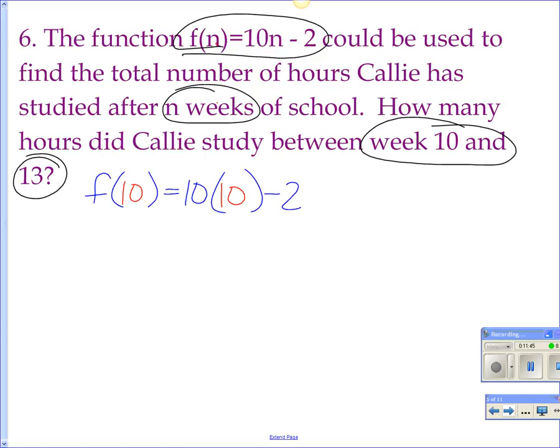All right. Andrea, what is that giving you? Good, 98. Okay, guys, so we figured out how many hours she studied for week 10. So I'm going to put a little check there. We did week 10, but we're not done.